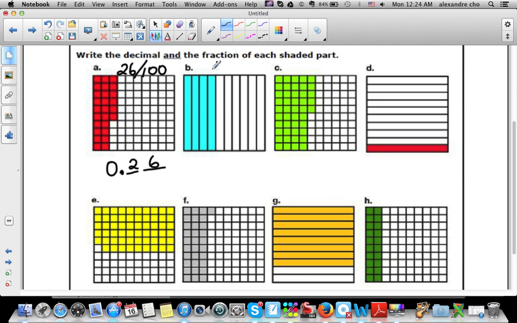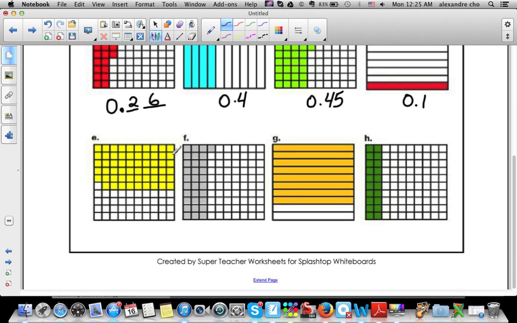This one, 4 out of 10, or 0.4. Easy enough. Next one, it's out of 100 again. And you have 10, 20, 30, 40, 45, or 0.45. Next one is 1 out of 10, or 0.1. E is 1, 2, 3, 4, 5, 59.